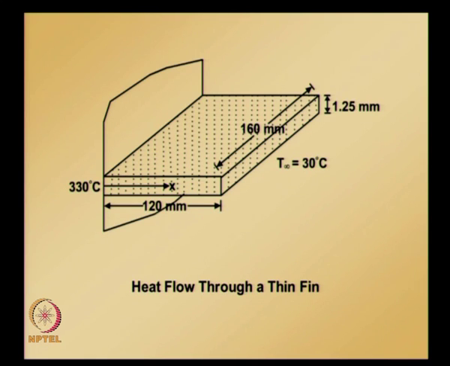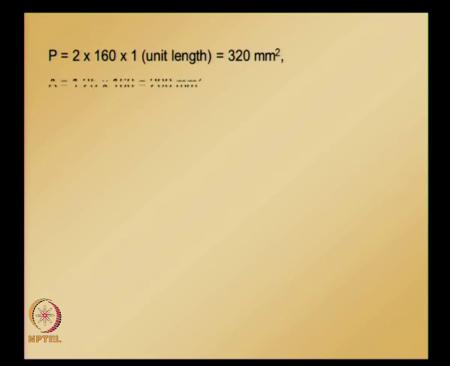And now perimeter per unit length is, convection takes place, or is assumed to be taking place, from top and bottom surfaces. So perimeter per unit length is obtained using this formula, 2 times 160 times unit length, and from the dimensions given we can easily check area of cross section.